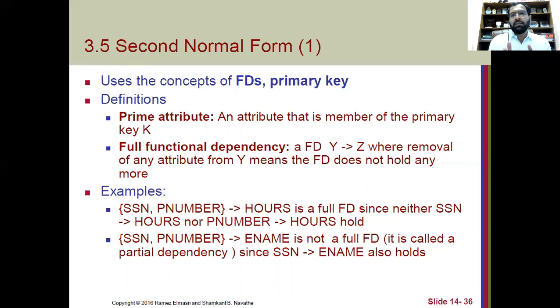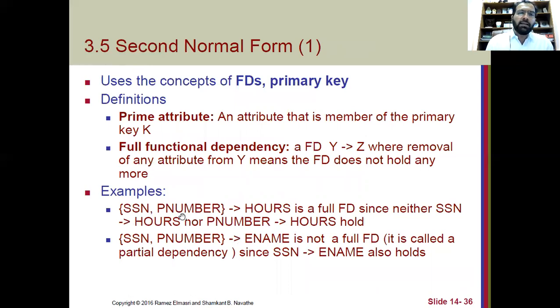So all other attributes other than those key attributes are called non-key attributes. So we have to see whether all the non-key attributes are fully functionally dependent. It means they must be functionally dependent on the whole key, not the part of the key. So let's see how this definition can be observed.